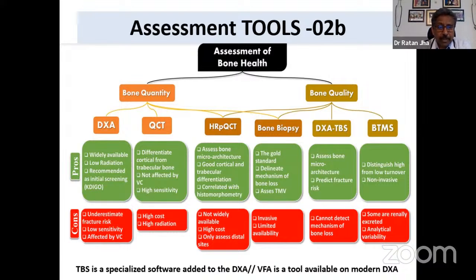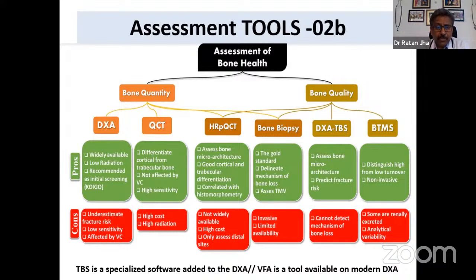The quantitative CT, though available, has a high radiation dose and high cost, and though it can distinguish the cortical and trabecular bone, it is not commonly utilized for bone quantity. The bone quality is usually assessed by the high resolution peripheral quantitative CT scan, which has been reported to correlate with histomorphometry, microarchitecture of the bone, and good cortical and trabecular differentiation.